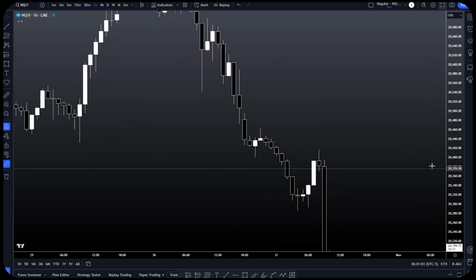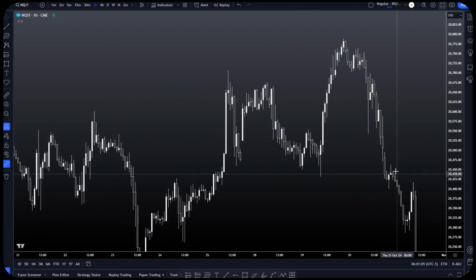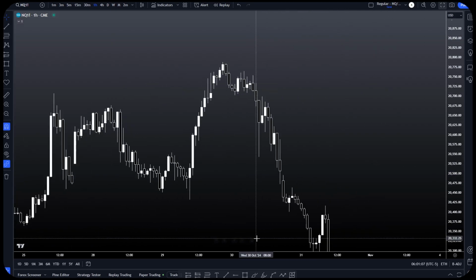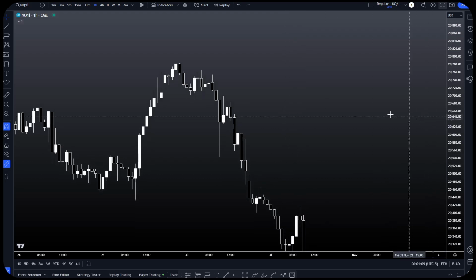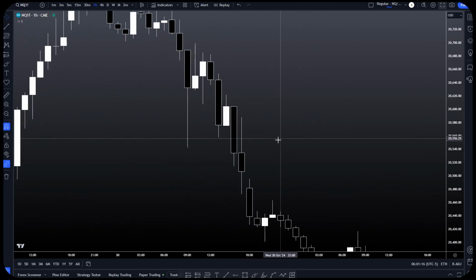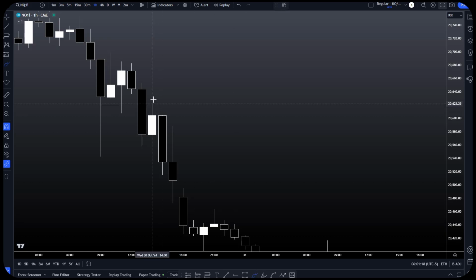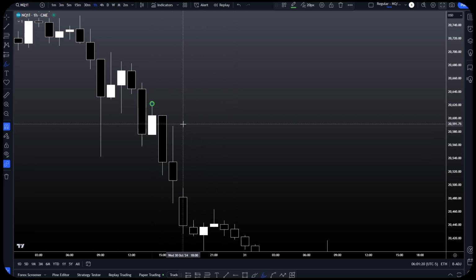So here could be a good example of this. Our bias is bearish, we get immediate rebalance here. This is the first candle here.